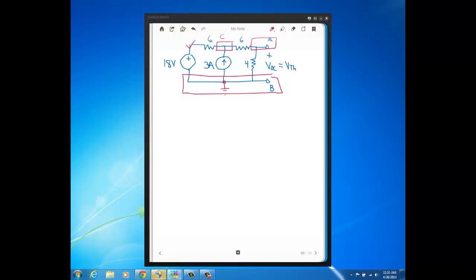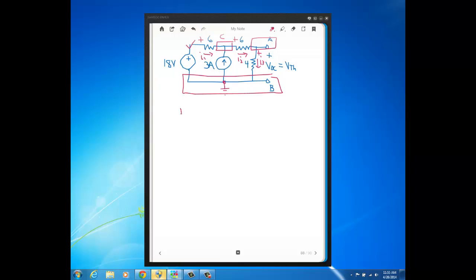So I'm going to set up a node voltage expression at these two nodes. I had this current here that I labeled I1. The 3 amps is already defined for us going into node C. I called this current here I2, and I called this current I3.